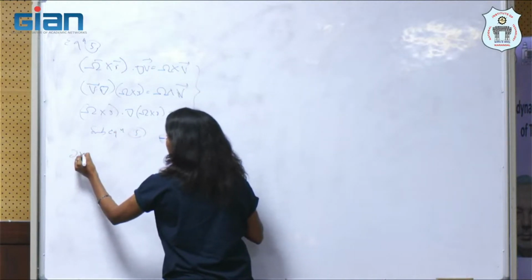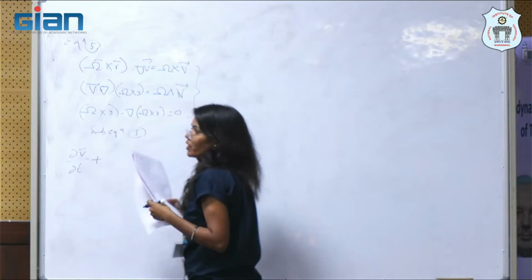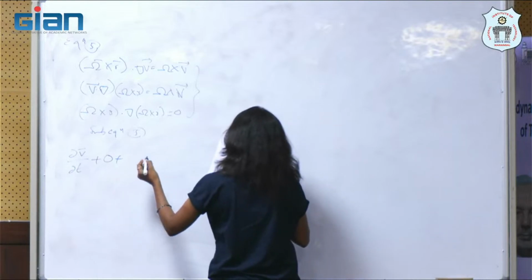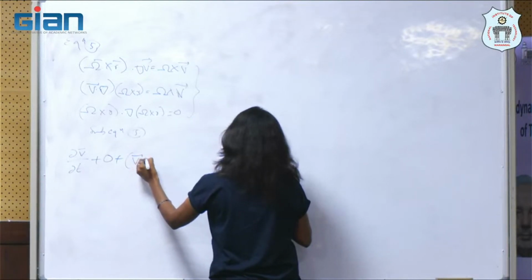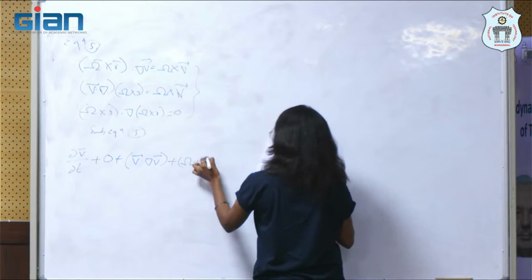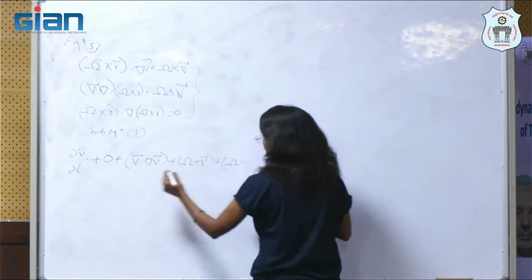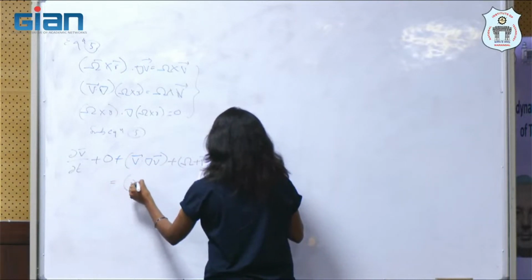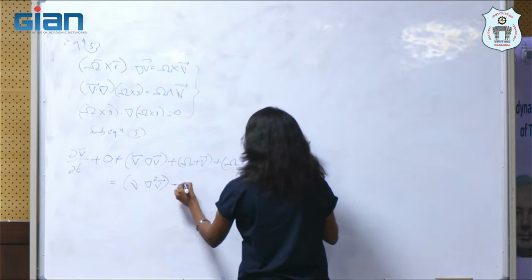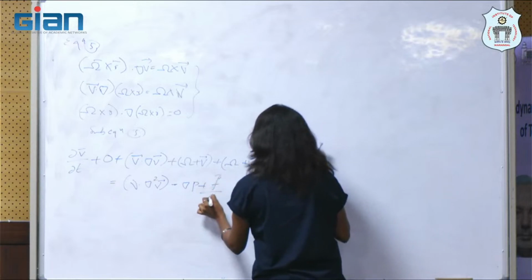We get dV by dt, and differentiating with respect to t we get 0, so that V bar plus delta V bar plus omega plus V bar is equal to mu delta square minus gradient P plus density.